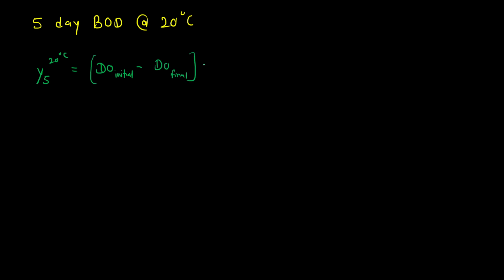So 5-day BOD at 20 degrees Celsius, this is Y5 at 20 degrees Celsius. This is equal to, we have seen the formula first, DO initial minus DO final into dilution factor, and the second formula is L0 into 1 minus e to the power minus k into t.